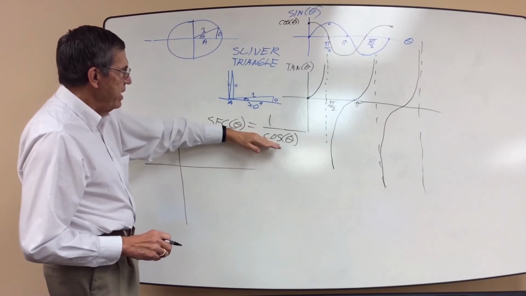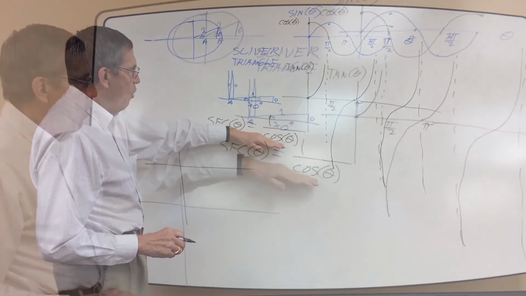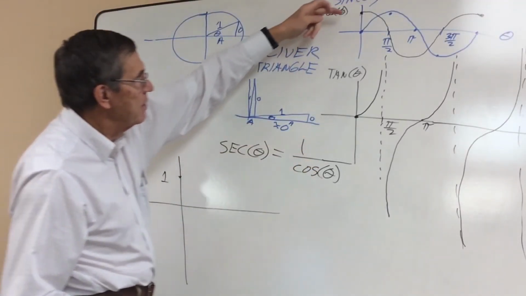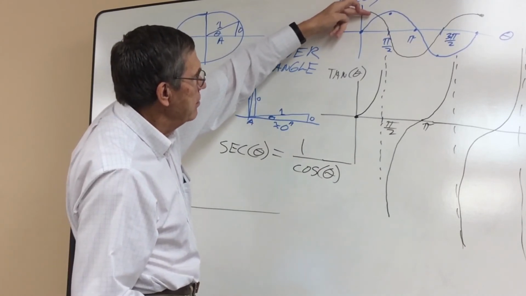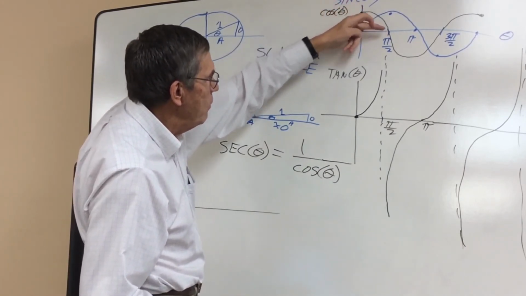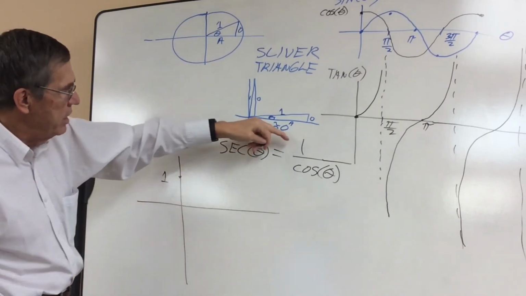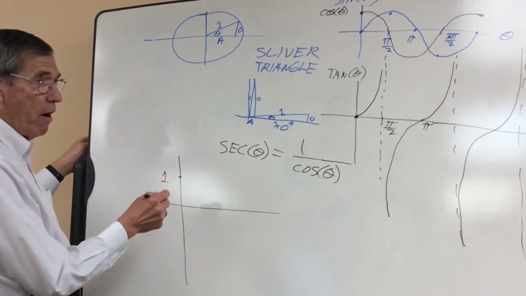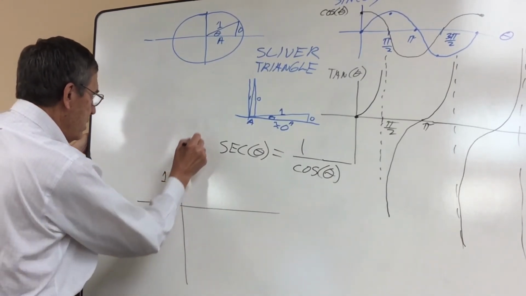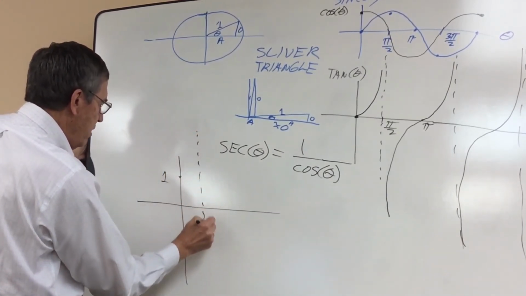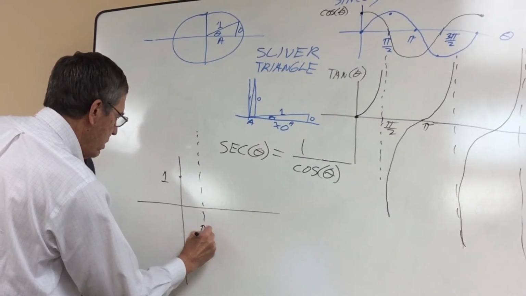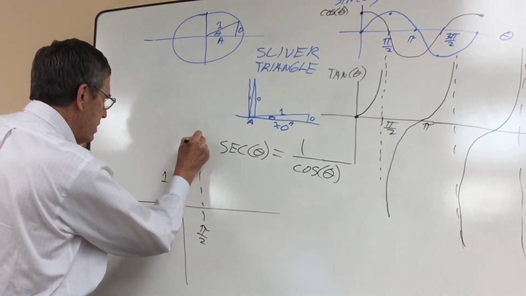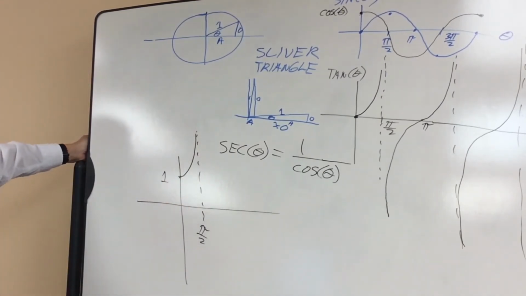The cosine starts at 1 and starts decreasing, decreasing, decreasing. Look at it up here. Starts at 1, decreases until it gets to 0. Well, what is 1 divided by 0? Again, an undefined number or positive infinity. So we would draw an asymptote here at pi over 2, and this would go up like this there. So that'd be the first part of it.